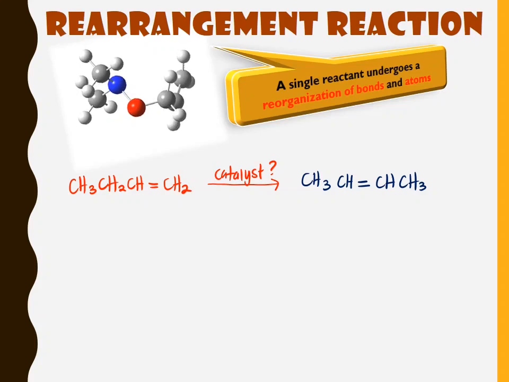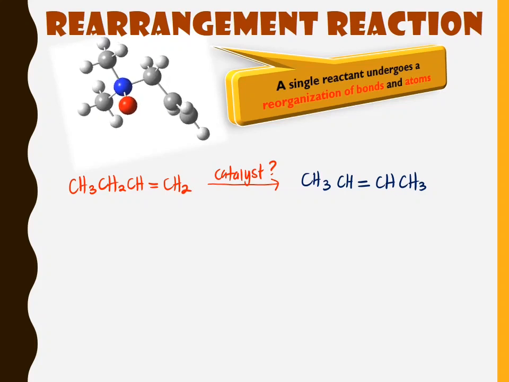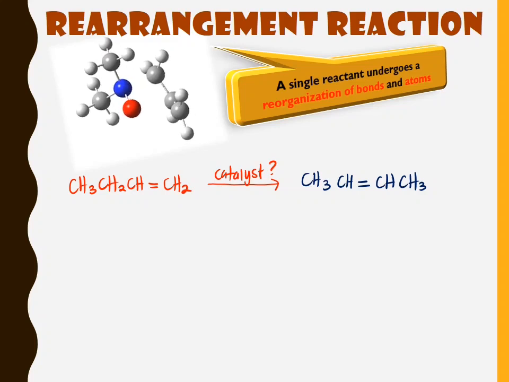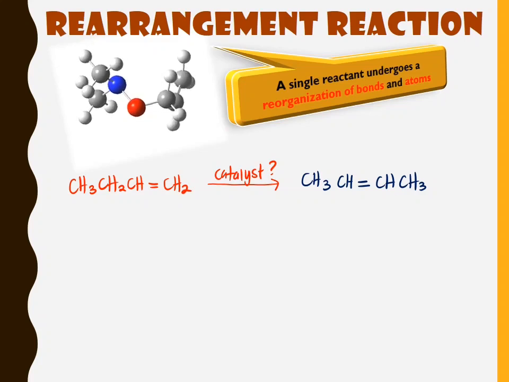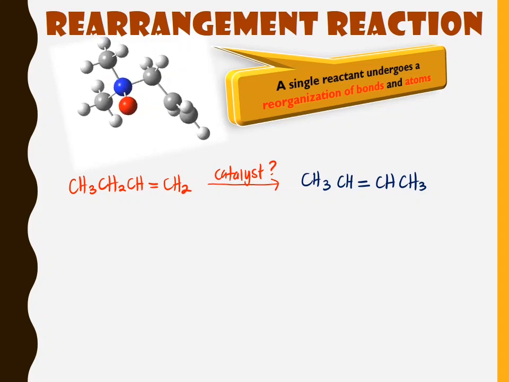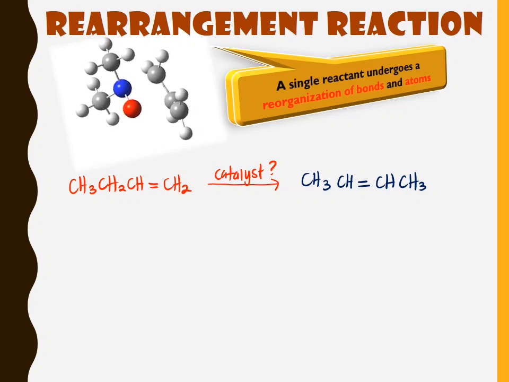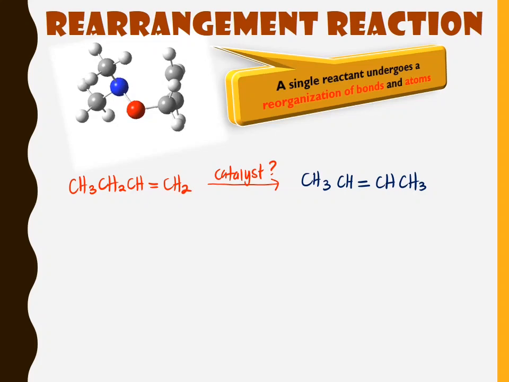So this is rearrangement reaction. If you look at the formula, it is still the same, C4H8. What I did here is just rearrange the position of the double bond and the hydrogen atom, because we know that carbon must consist of 4 bonds. That's all.